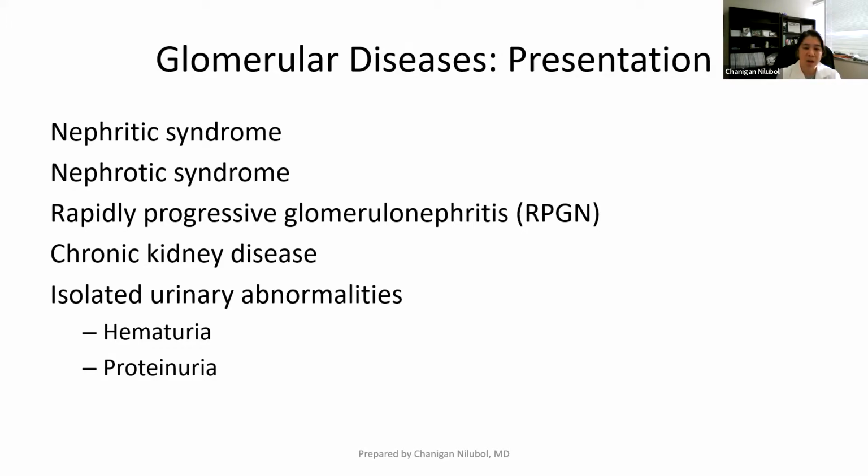Or they can come in as chronic kidney disease, just being referred, or it could be one of your clinic patients that you find to have some hematuria and proteinuria and who ended up having a glomerular disease. Or they can just come in and say, I have bloody urine, or pink urine, or frothy urine. They can present with just isolated proteinuria or hematuria as well.